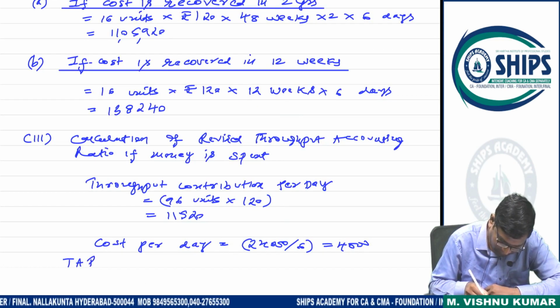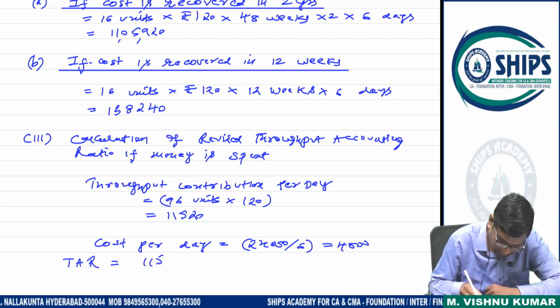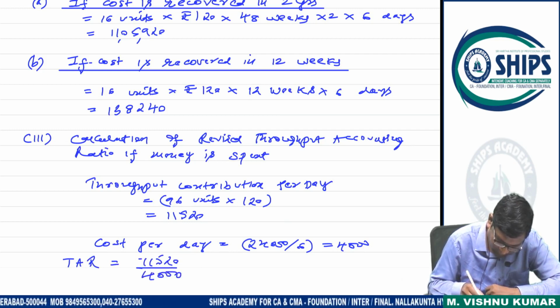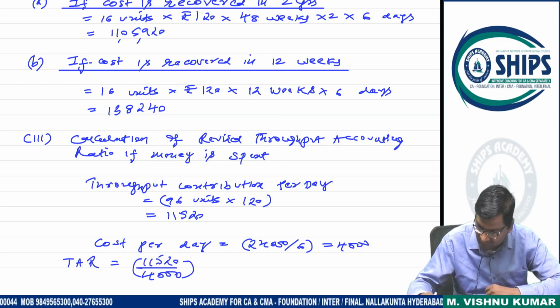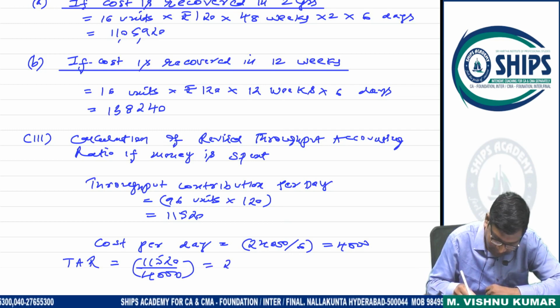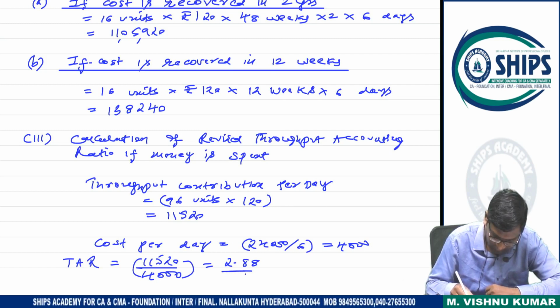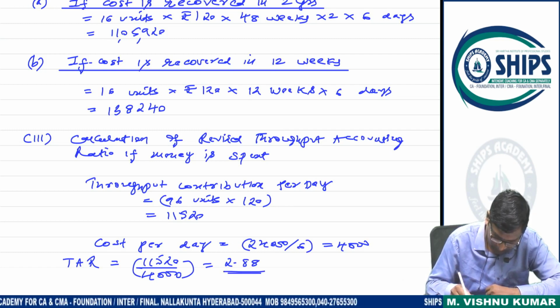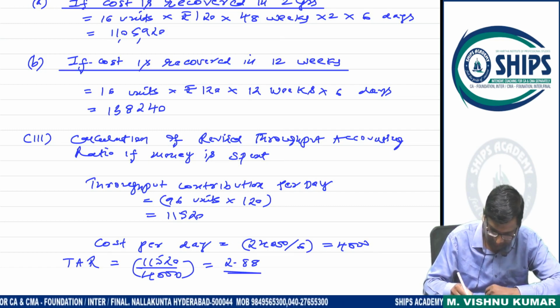So the throughput accounting ratio will be 2.88. This is the answer. You should note this.